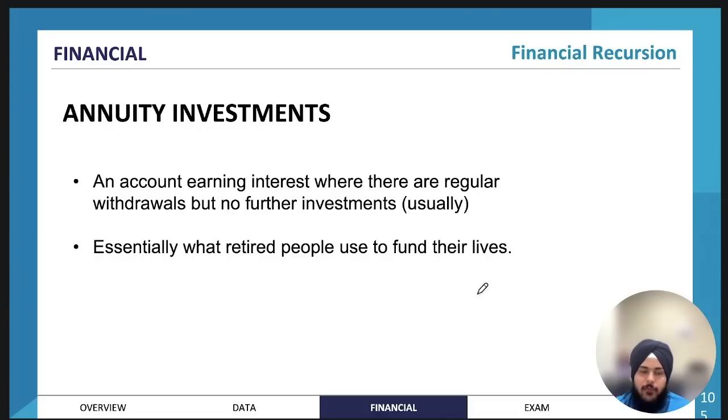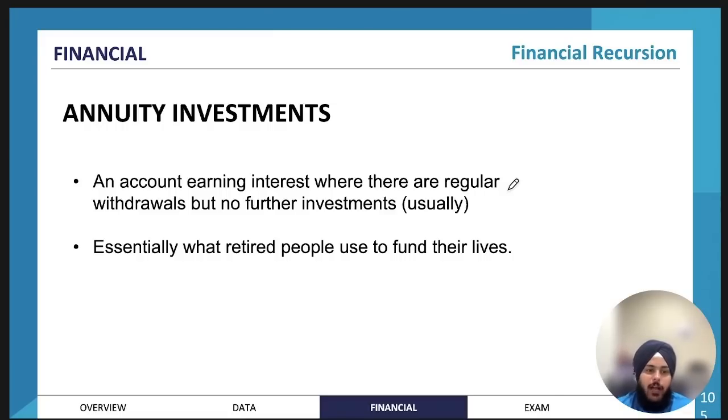Okay, so now we're going to look at a few investment types just quickly. Obviously, we're not going through them in so much detail due to the time limitations, but we'll quickly go through what they actually mean and where they might be applicable. Annuity investments are essentially a type of investment where you have a large sum of money invested into an account, and you're depositing and withdrawing a certain amount of money each time.